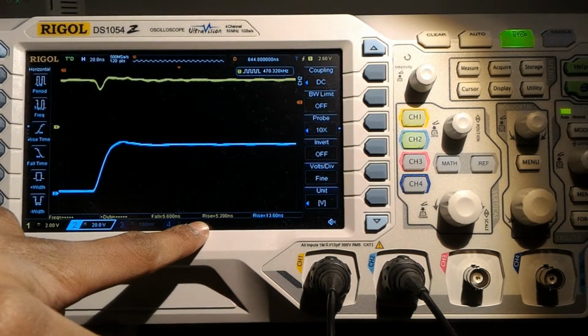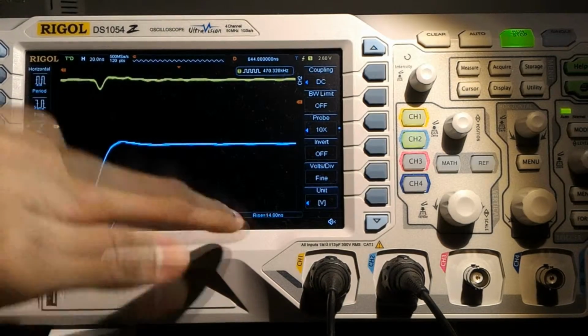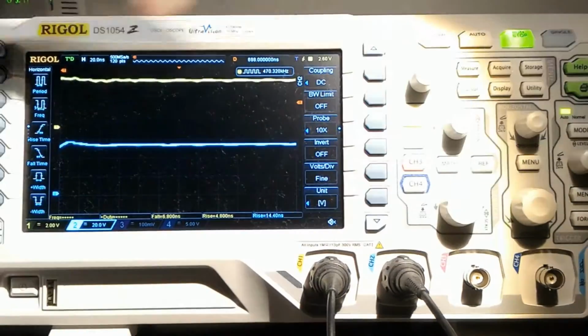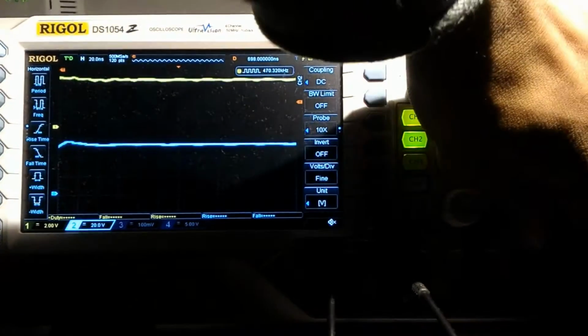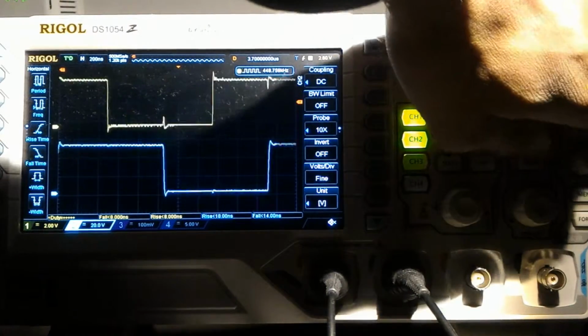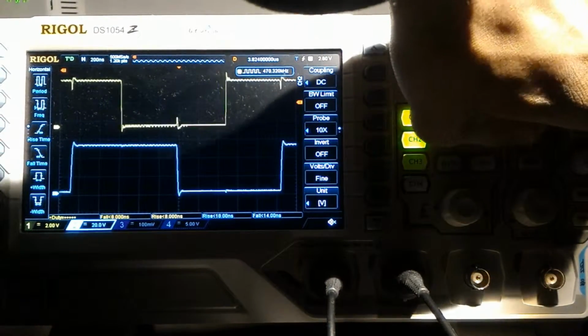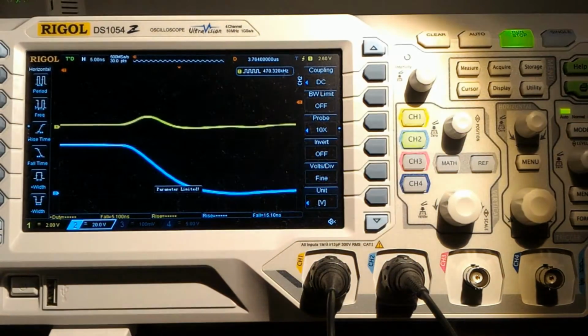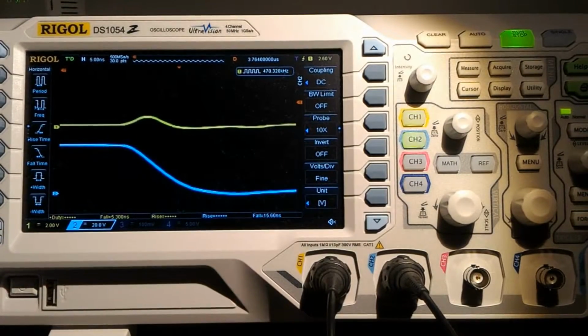So that could cause problems, and the fall time is different as well. It's about 15 to 16 nanoseconds.